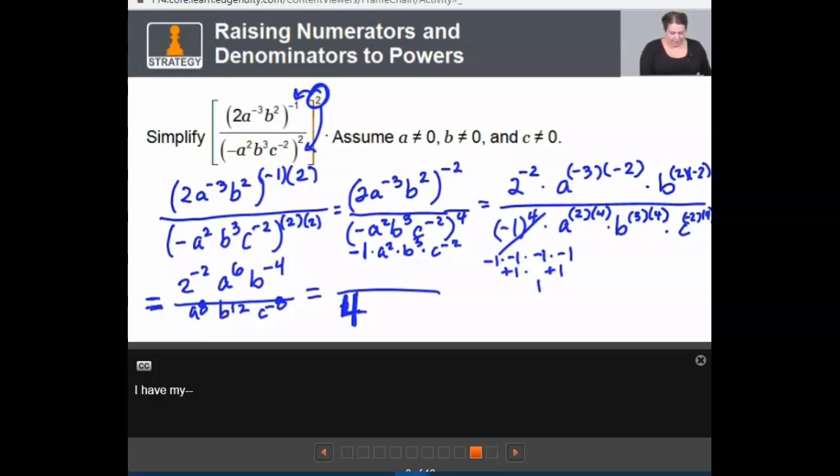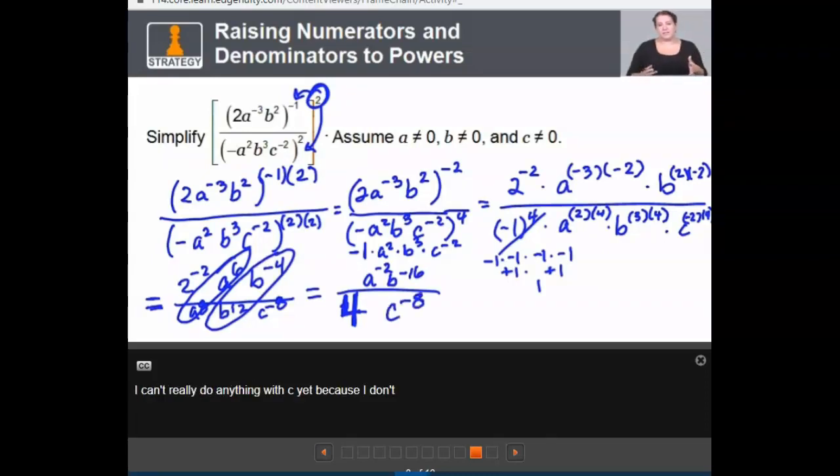I have my a to the 6th over a to the 8. Actually, let's deal with this way. So 6 minus 8 is a to the negative 2. Negative 4 minus 12 is b to the negative 16. And then c to the negative 8, right? I can't really do anything with c yet because I don't have another base that has c on it. I don't have another monomial that has c on it.